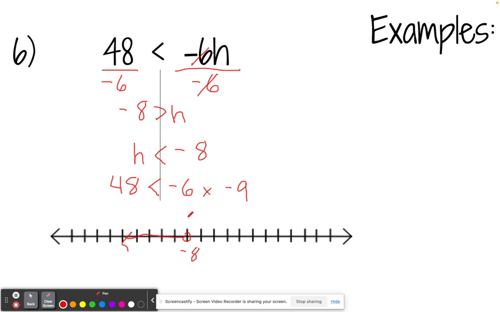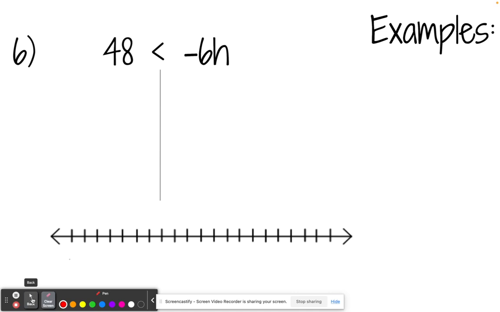And negative 6 times negative 9 is 54. And is 48 less than 54? Yes, it is. So my correct solution is h has to be less than negative 8 to make this a true statement. It gets confusing, I understand that.